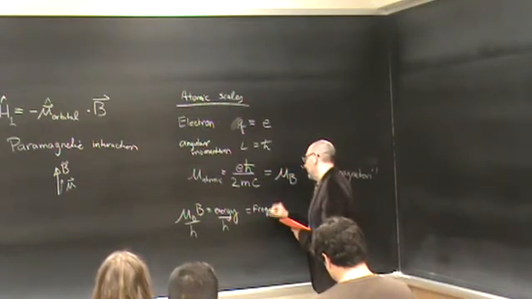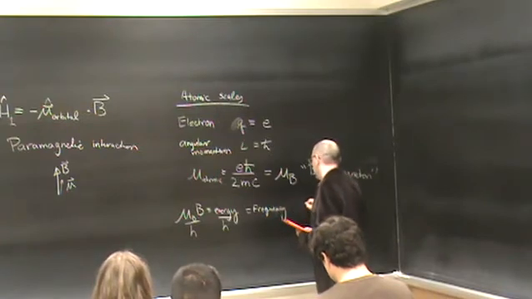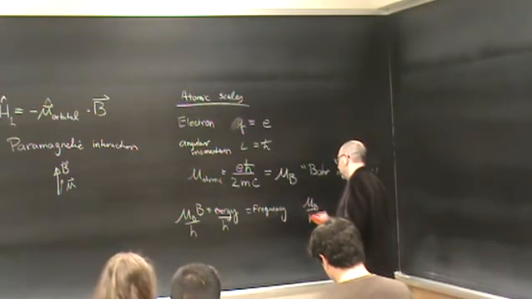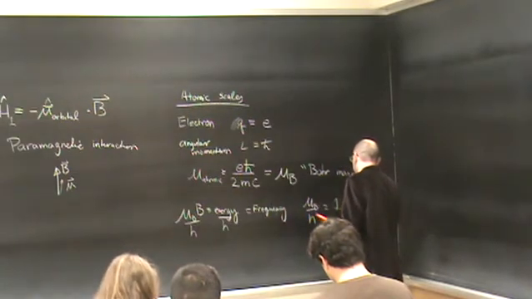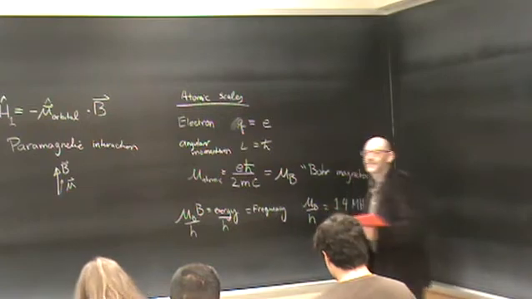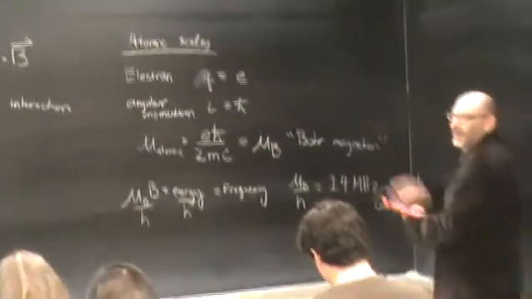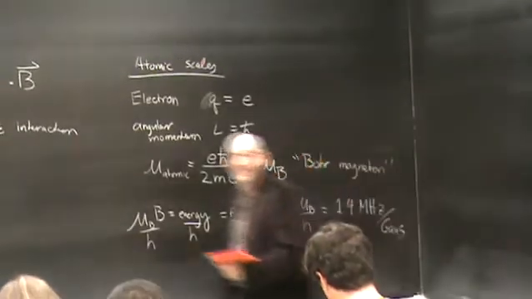The units I always know for frequency is that mu B in units of Planck's constant is 1.4 megahertz per Gauss. That's what a good atomic physics experimentalist will know. You put on 1 Gauss, you get about a megahertz of shift.